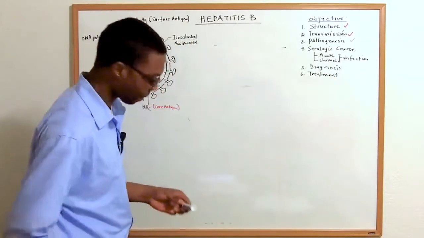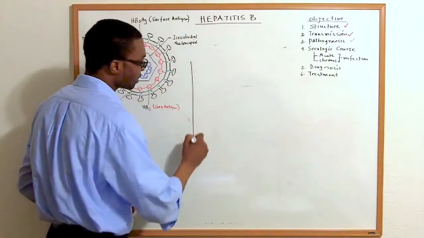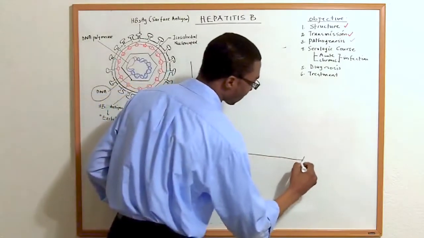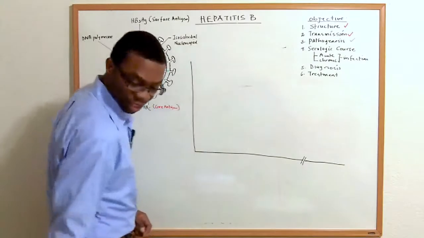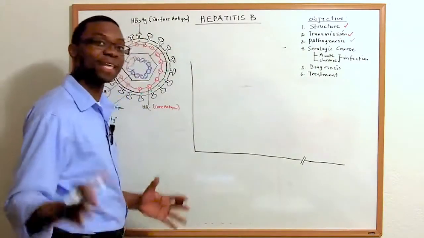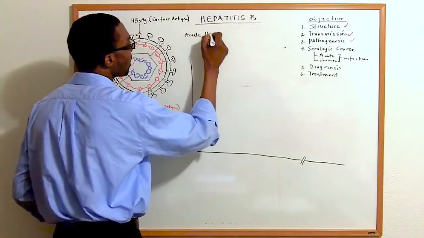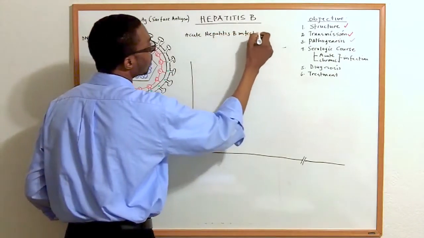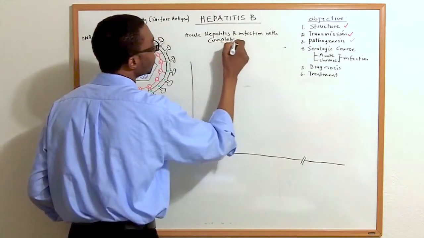Using a graph. Now, this is a graph that I'm drawing out to represent an acute hepatitis B infection that a patient actually recovered from. So this is an acute hepatitis B infection with complete recovery.